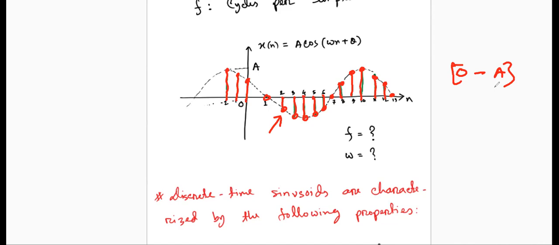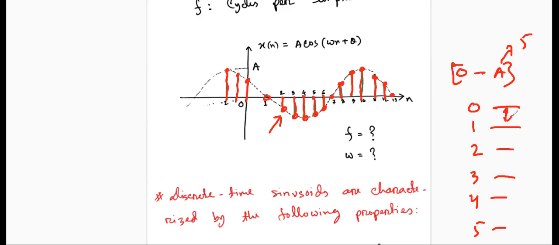After quantization, you can say that the values could be 0, 1, 2, 3, 4, and let's say A is equal to 5 volts. So the value will be 0, 1, 2, 3, 4, or 5, not any value in between.